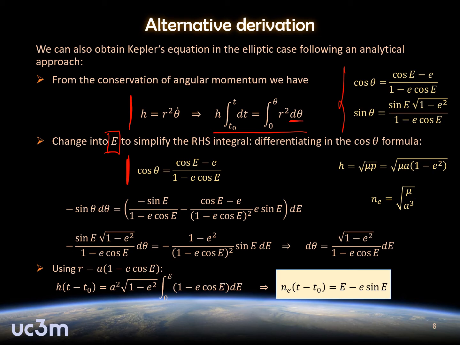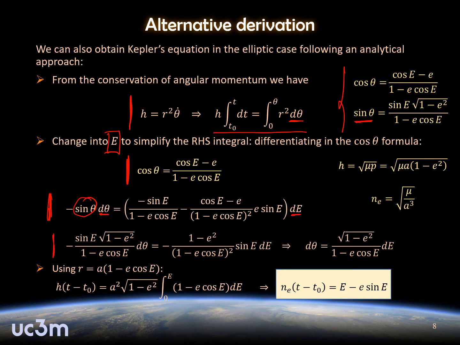All right, so you have the algebra here on the slide. I will skip it for the most part, but you can hopefully follow it without any problems. In essence, I have taken one step of derivation here. So you see already the differentials that I'm referring to, but I want to reduce everything to an expression in terms of E. So I'm going to change this sine of theta using this formula in terms of the eccentric anomaly.